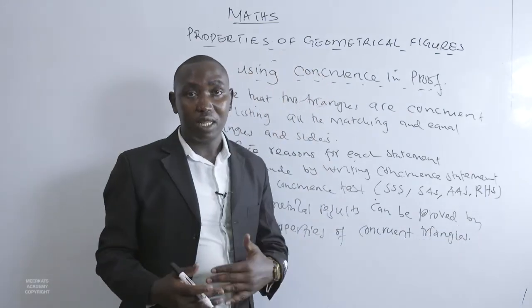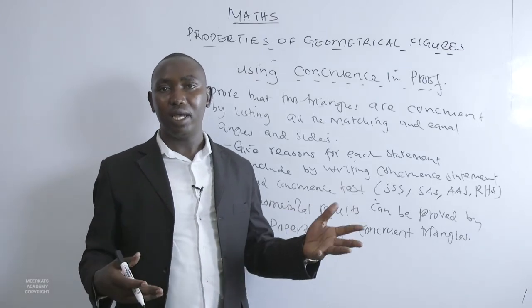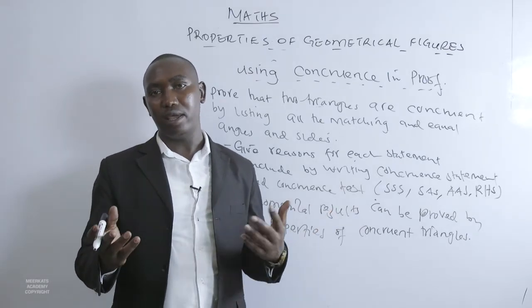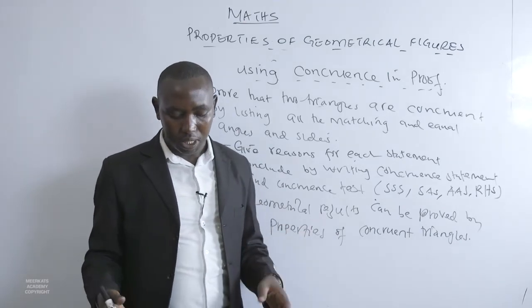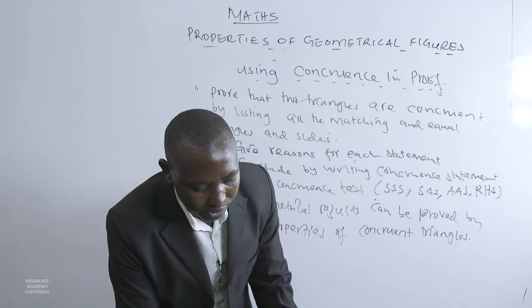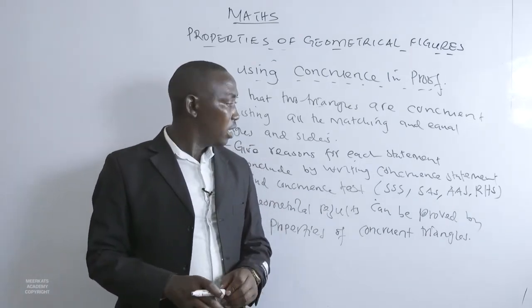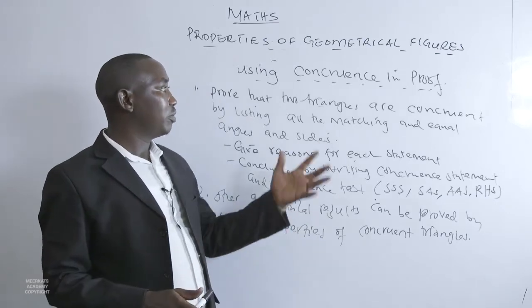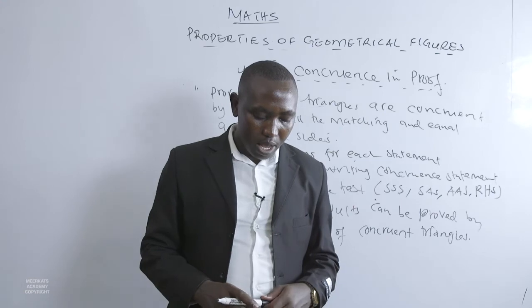So we understand that for those particular triangles to be congruent, we must have the side, side, side, the side, angle, side, the angle, angle, side, or the right angle, then the hypotenuse, and of course one of the sides being equal. So these are the two critical statements whenever we want to use the proofs.